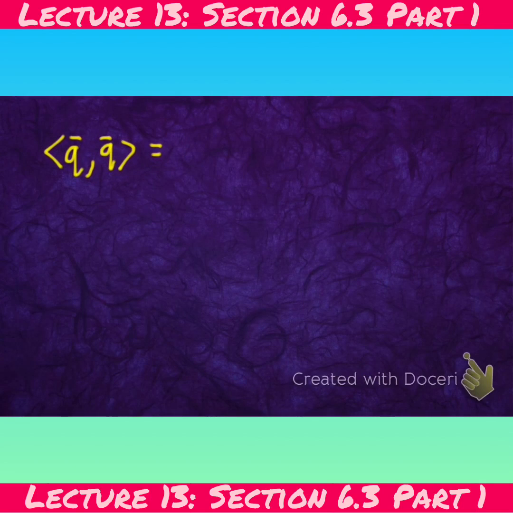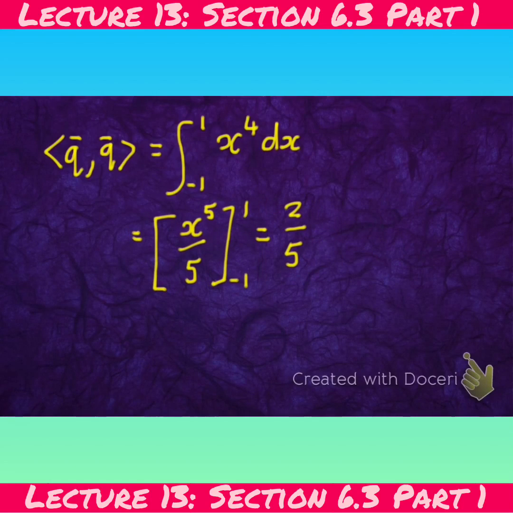Right, next we've got the inner product of q with itself. So that is the integral from -1 to 1 of the function x squared multiplied by the function x squared, which is x to the 4, and then working that out, we get that that becomes 2/5. So the norm of q is going to be the square root of 2/5.